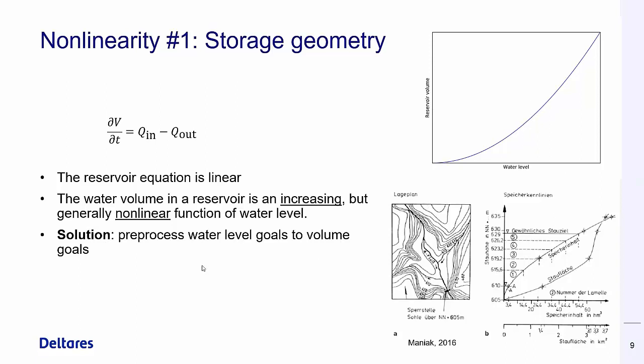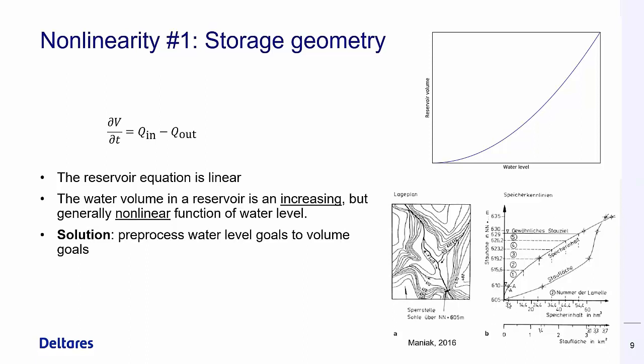And it's also very typical that for reservoirs in practice there's at least an assumption or approximation of such a water level volume relationship. And here, this is from a textbook. The reason why we have such a nonlinear equation is because the Earth's surface is not so regular, and here you see the elevation lines.